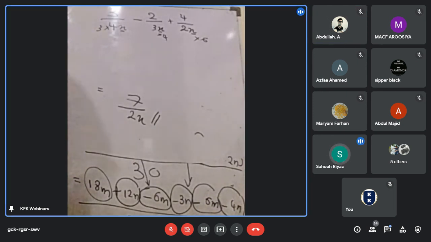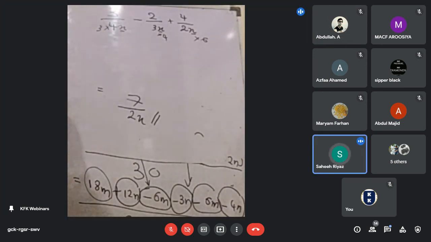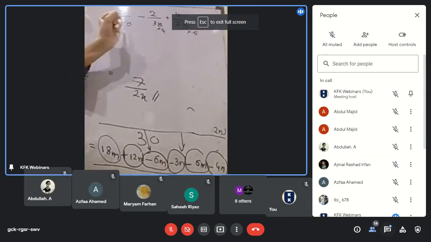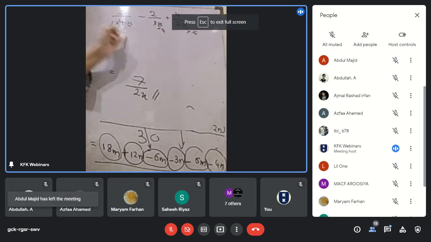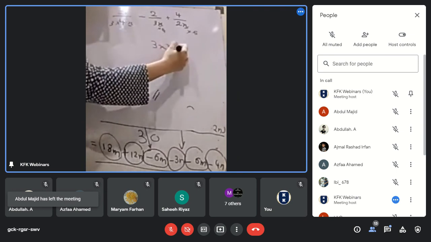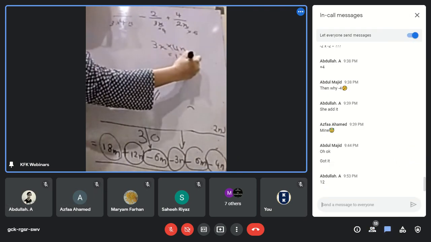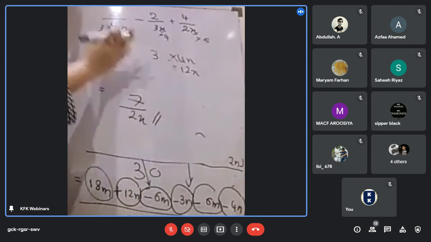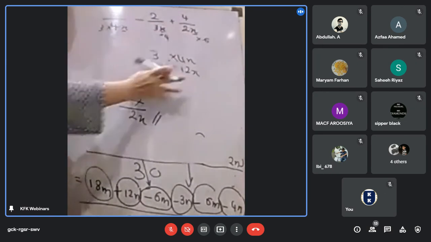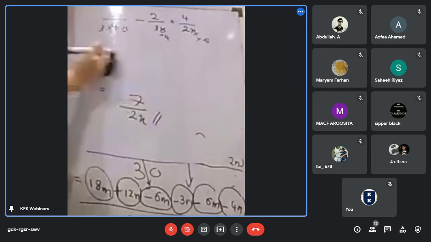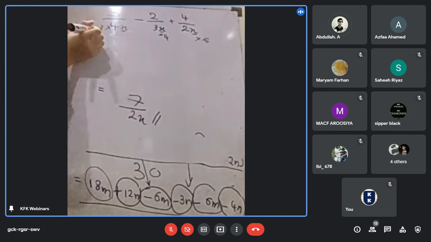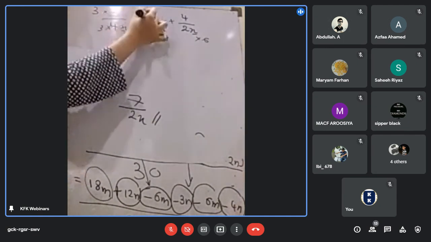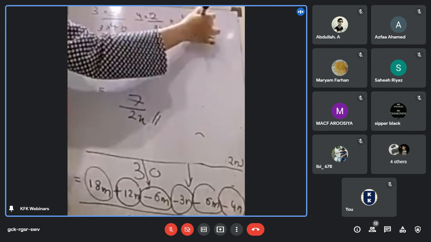No. You're going to make this a 12x, not a 12x square. If you multiply 3x into 4x, it will become 12x square. We don't want a square. We want only 12x. So you will multiply it by 3 into 4x. Did you all understand that? Yes. So you will multiply the numerator also by 3, this numerator again by 4, this numerator by 6.